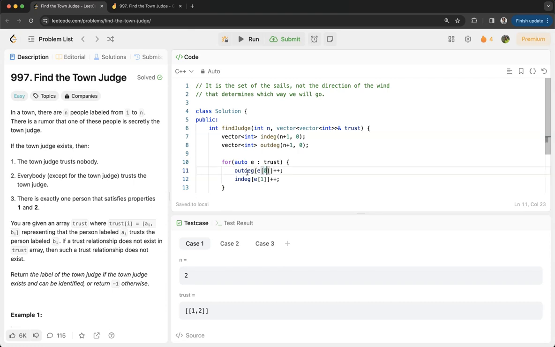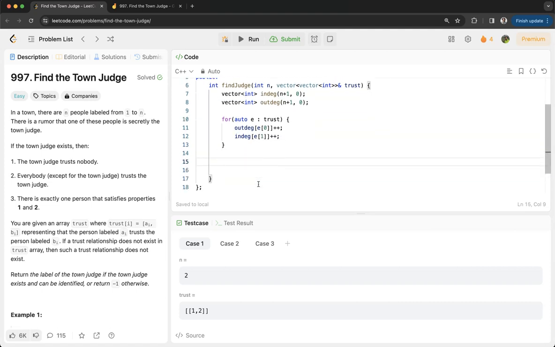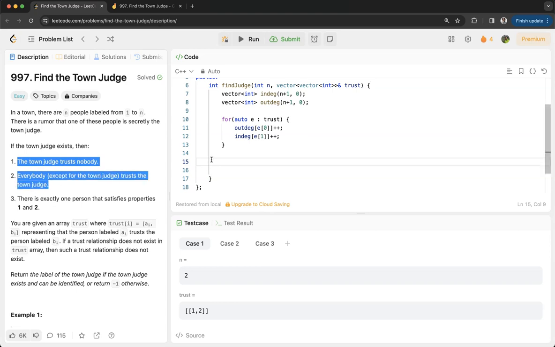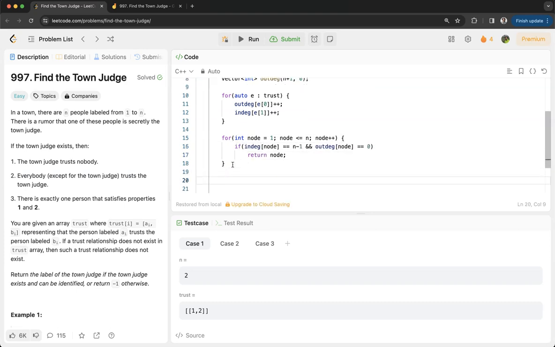So the edge goes from e0 to e1. So out degree of e0 is going to be incremented, and in degree of e1 is going to be incremented. And then we just need to check which node has these two properties. Okay, so we just need to iterate. And if we don't find such a node, we return -1.